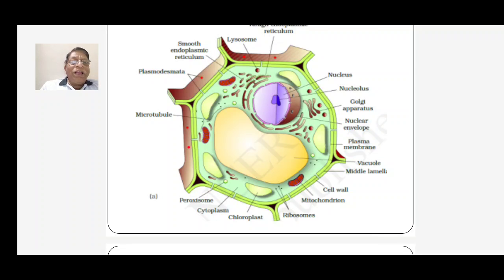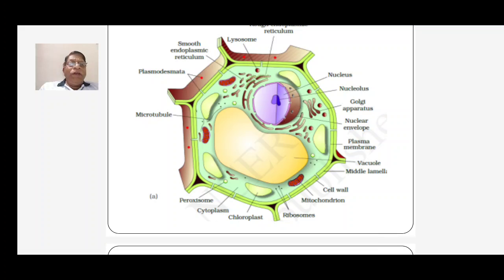The cell wall is made up of cellulose. The detailed structure of the cell wall we are going to study later. Next to the cell wall, you can see what is known as the cell membrane or the plasma membrane.